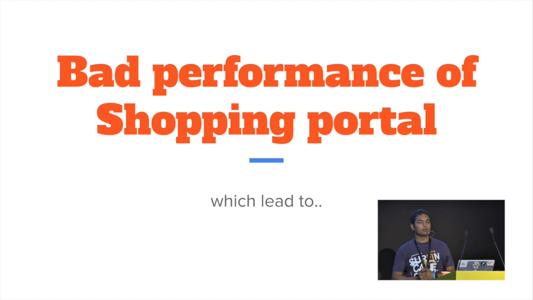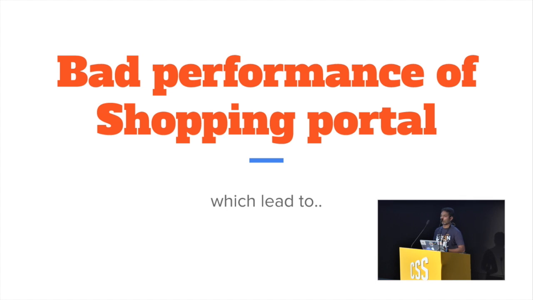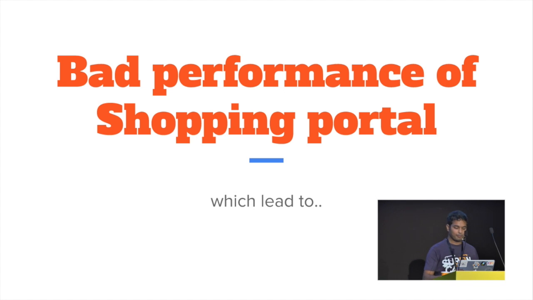The bad performance of the shopping portal leads to this, though I need to tell you that the bad performance is basically the rendering performance and not the networking performance. Over here, we are talking about the interactions that are there on a web page and how they affected the experience of that particular bride.